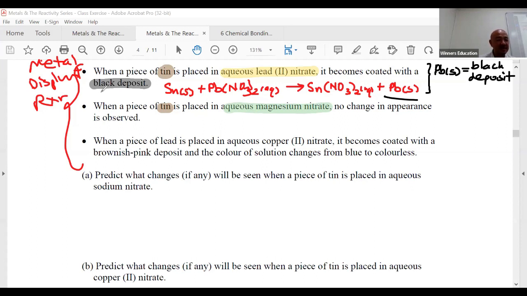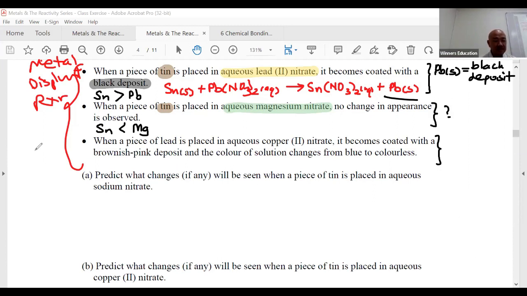Is it tin or lead? Tin, that's why it displaces. Second one, I also now know that tin is less reactive than magnesium. That's why it cannot push it out. No reaction. There's nothing discussed or observed. So for the right hand side, nothing at the moment.